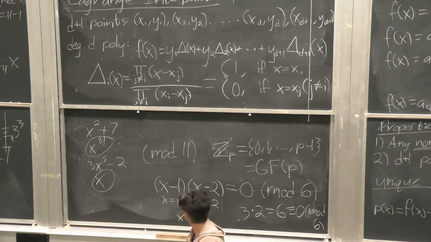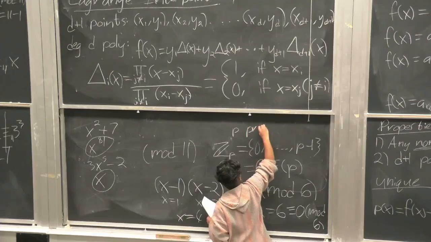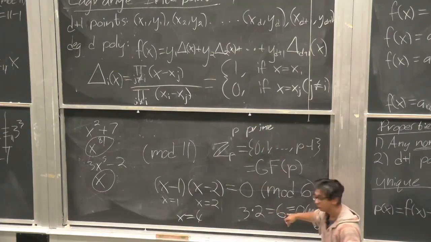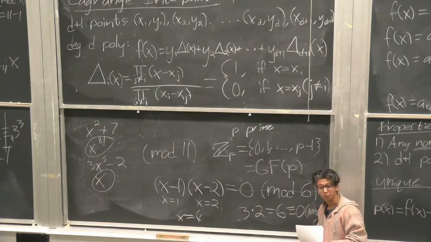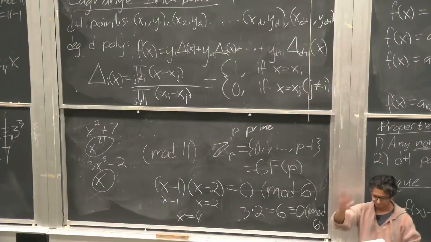P could be any prime, I should have said that. The point is, if P is not prime, you get weird stuff happening and you can't do algebra anymore. And I think we're at time.